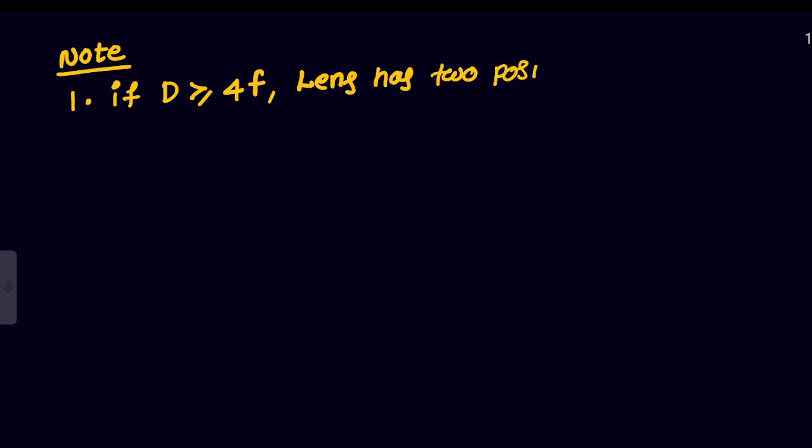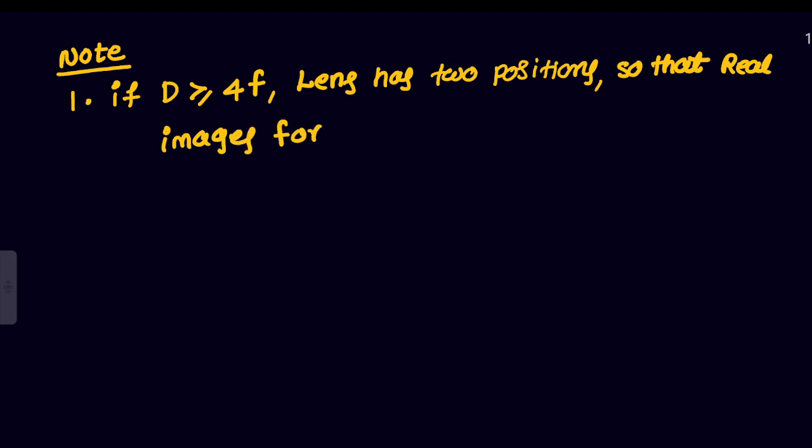First, the condition: if capital D is greater than or equal to 4f, then the lens has two positions so that real images are formed on the screen.